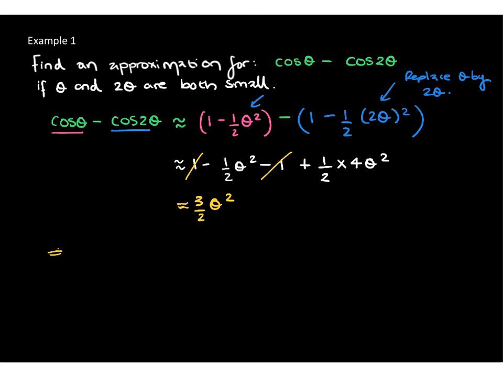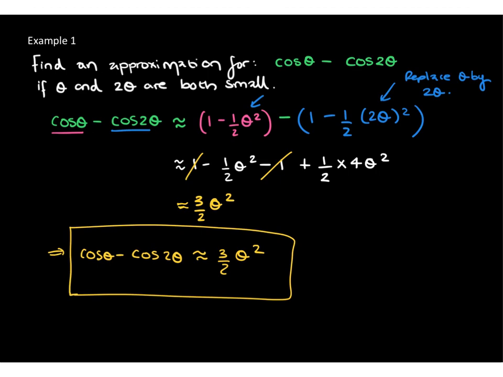So I know that cos theta minus cos 2 theta is approximately 3 over 2 theta squared. So I can use small angle approximations to take a more complex trigonometric expression and simplify it to something much, much simpler, but which will only work when theta is a small value.